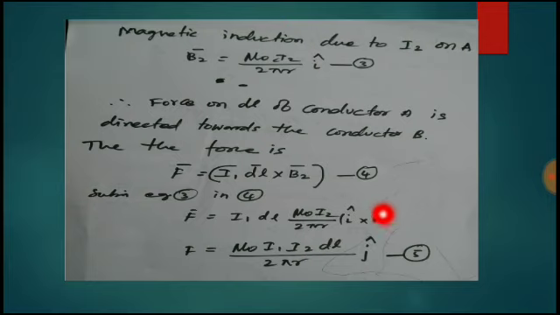Therefore here K cap. I cap into J cap gives K cap. Therefore, the force is equal to mu naught I1 I2 into DL divided by 2 pi r. Okay?